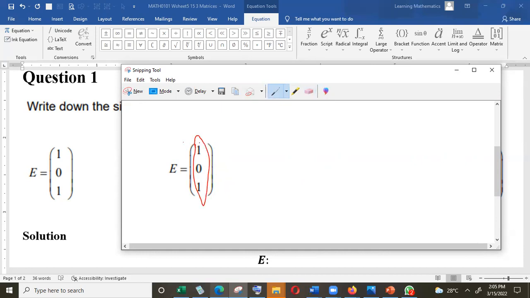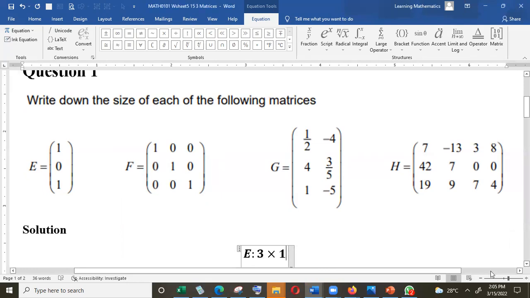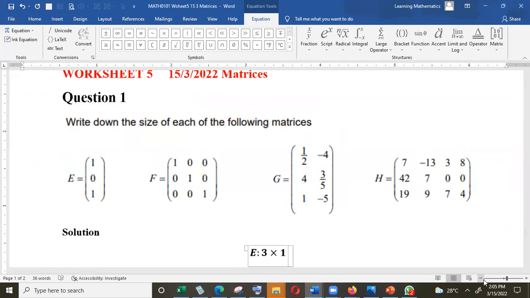So 3 rows and 1 column. So matrix E is a 3 by 1. Okay, matrix E is a 3 by 1 because it has 3 rows and 1 column.